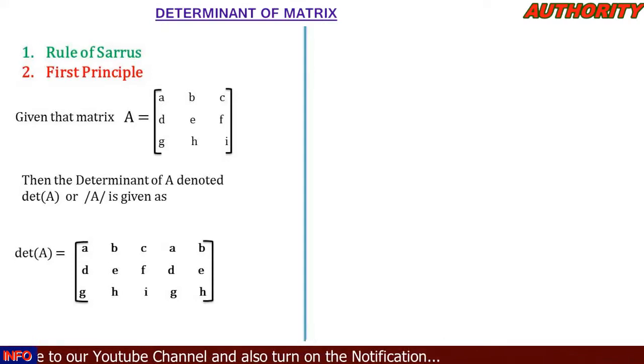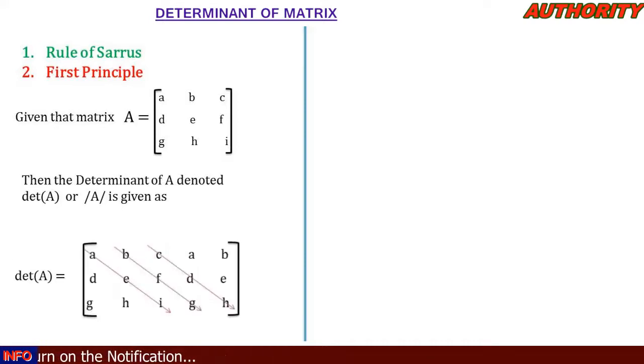Now, the next thing you are going to do is this. From the main matrix that you have, draw the line to show the main diagonal. That is AEI, the main diagonal in the matrix that you have, right? Now extend it again to the other diagonal.